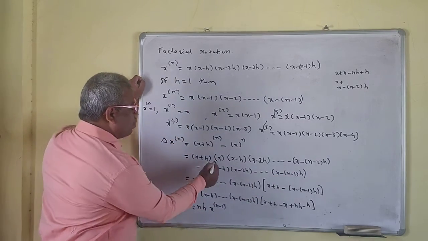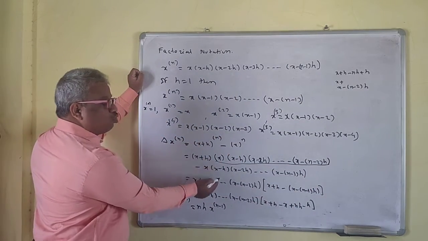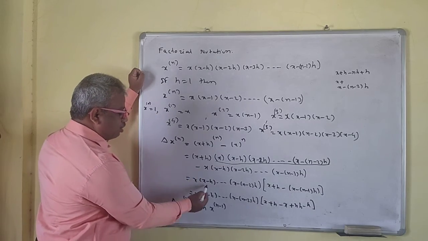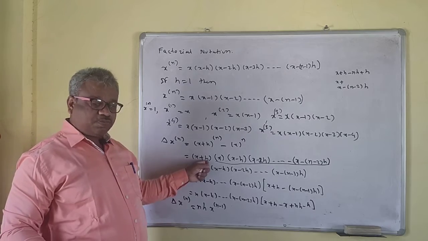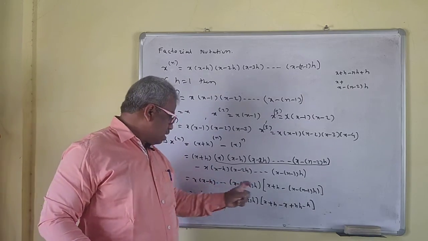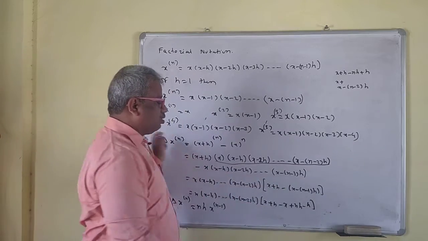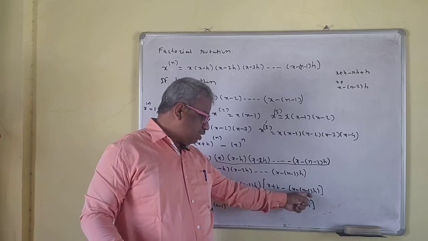The parts up to this point are common to both products, so I have taken that common: x(x minus h) up to (x minus (n minus 2)h). From the first product we get x plus h, and from the second we subtract, so the last term remains: x minus (n minus 1) times h.